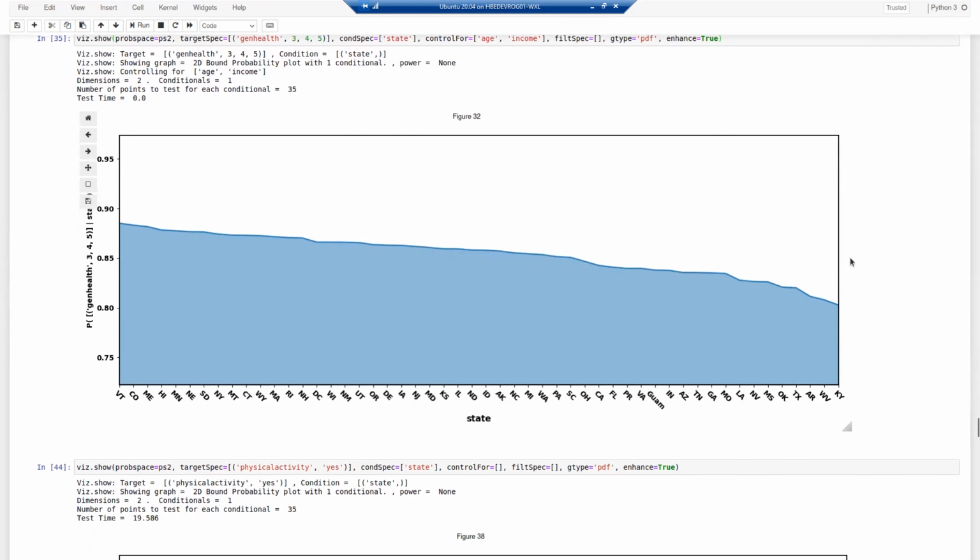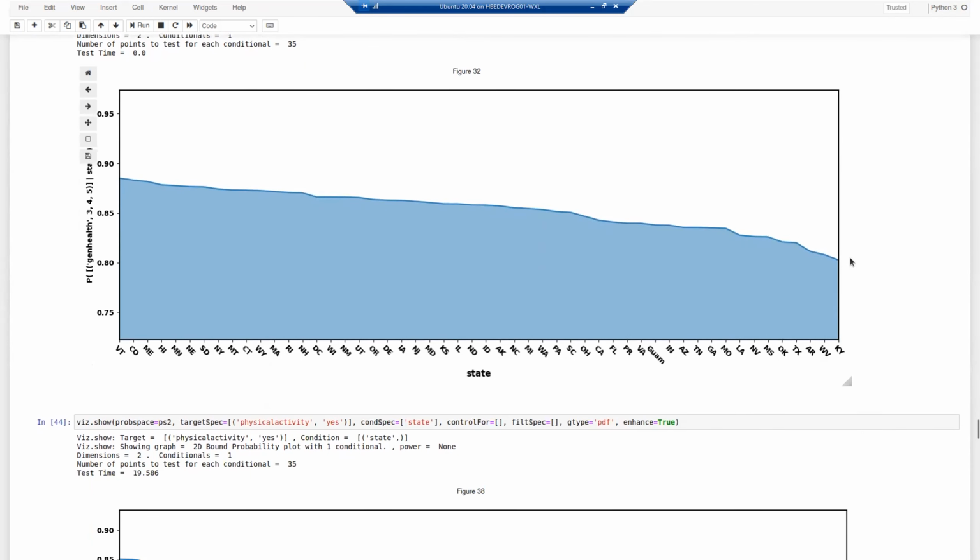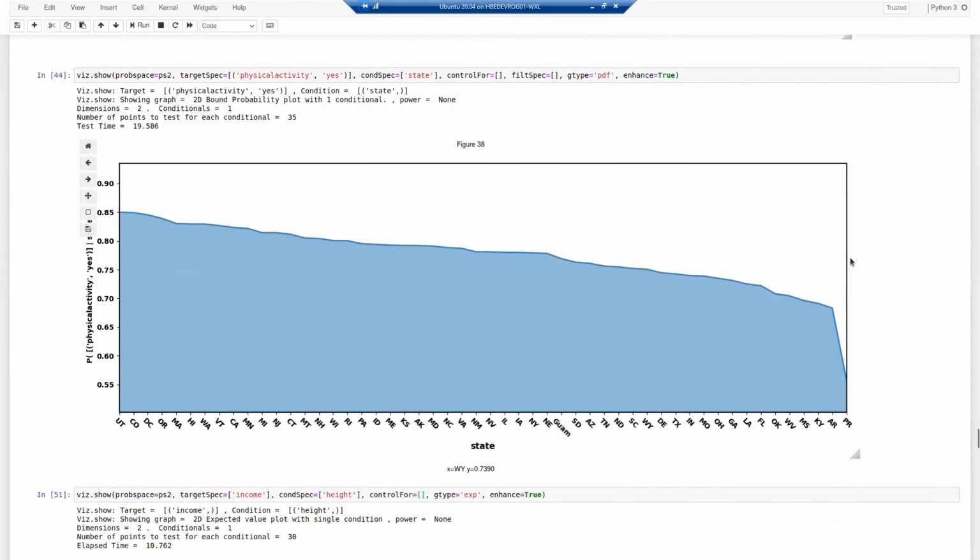Not sure. What about physical activity? The amount of physical activity between people in different states. Is there a significant difference there? And if we look, we see Puerto Rico, Arkansas, Kentucky, and Mississippi have the least physical activity, whereas Utah, Colorado, DC, Oregon, and Massachusetts have the highest.